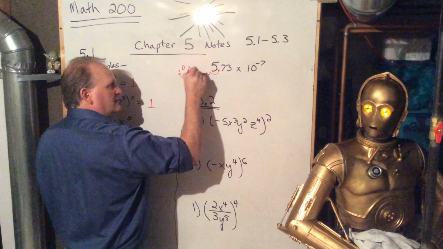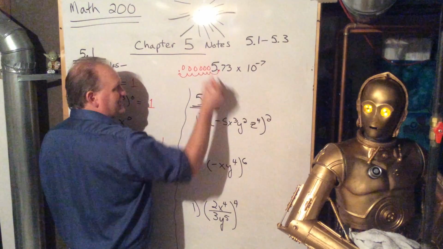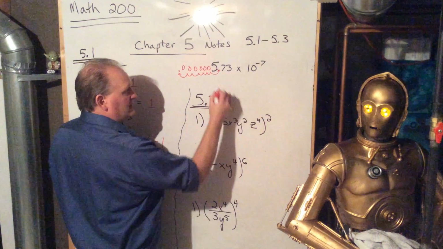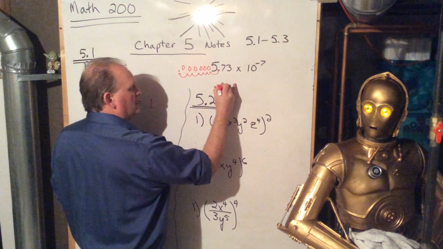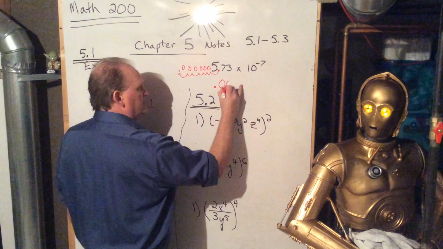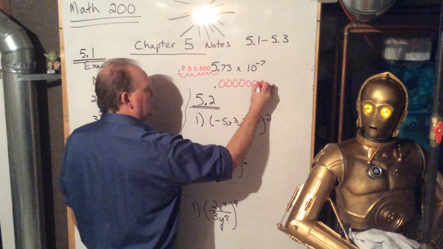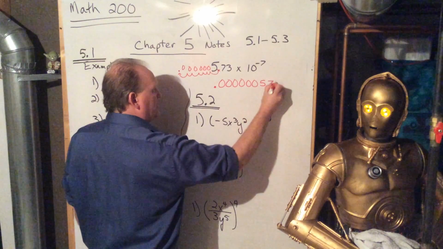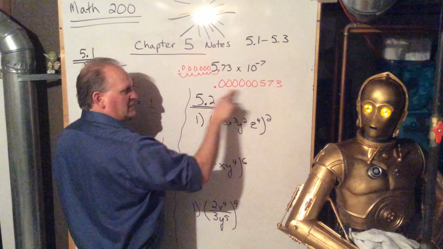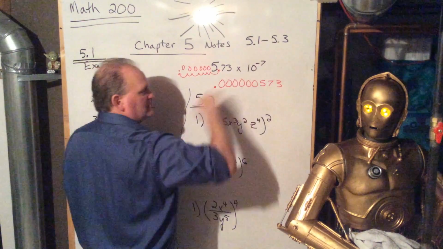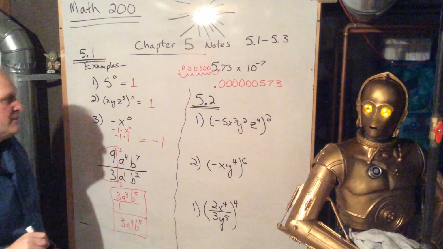So 1, 2, 3, 4, 5, 6 zeros, and then the decimal's not there anymore. So this in standard form is 0.000000573. No more decimal point there. We've moved it to there, but now there's not a times 10 to the negative 7 anymore.